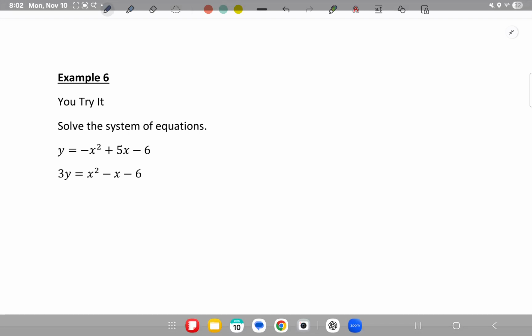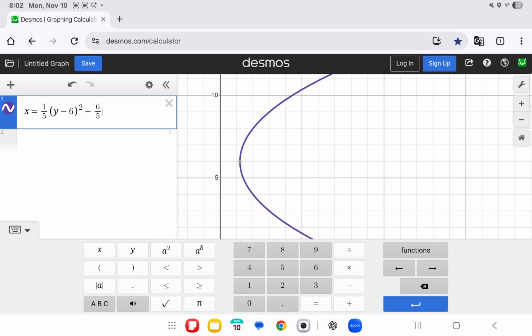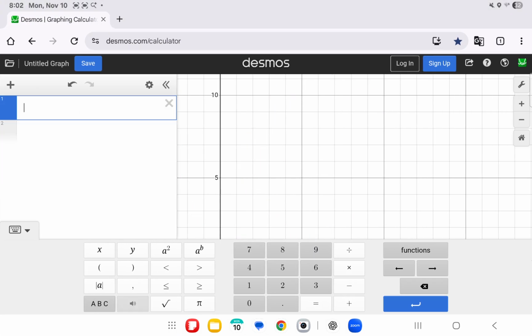Okay, so you should have that graphed in Desmos. Let's look and see what we get. So you have y equals negative x squared plus 5x minus 6.